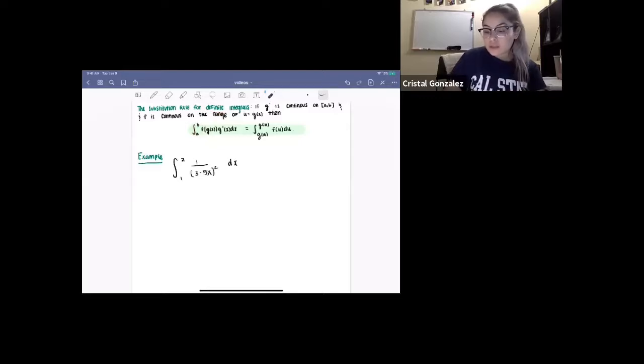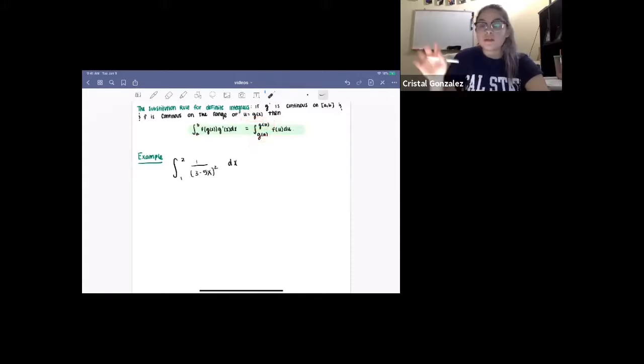The substitution rule for definite integrals says that if g prime is continuous on [a, b], and if f is continuous on the range of u, which is equal to g of x, then our substitution rule is still the same, but now we plug the values for a and b into our g of x, which is normally u.